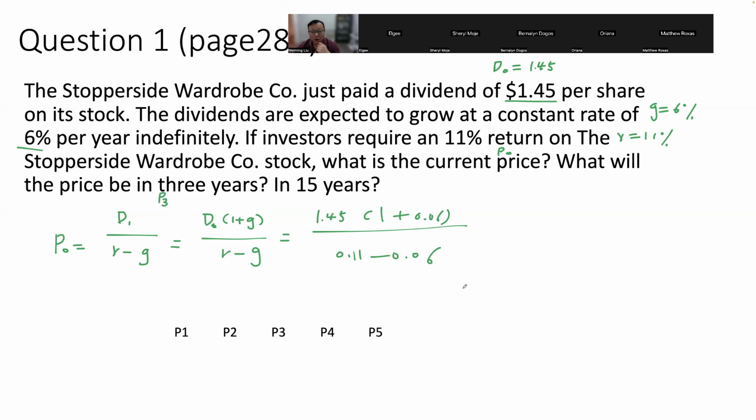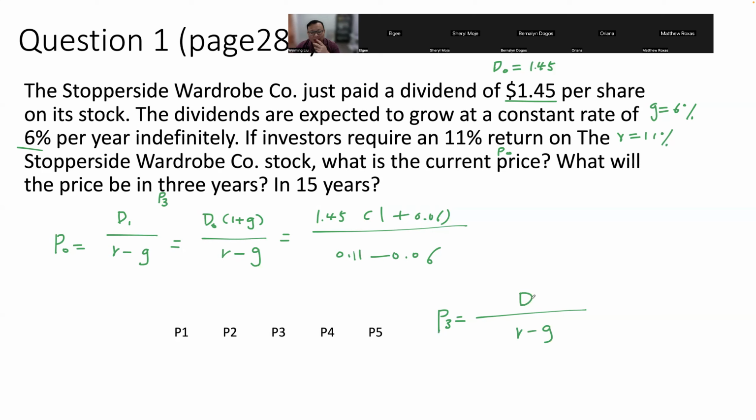So what's P3? P3 equals the same denominator, R minus G. But on top, what is that number? What divided by R minus G for P3? Can anyone tell me? D what? Definitely not D0, right?